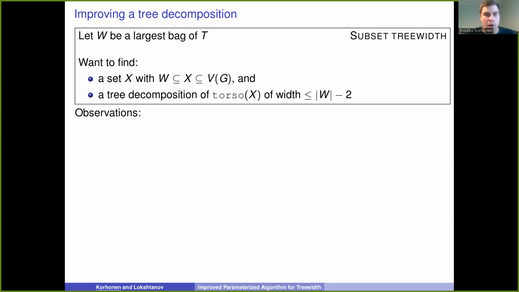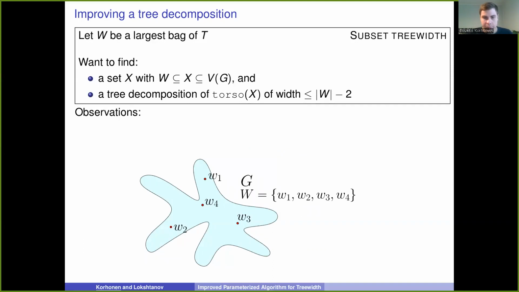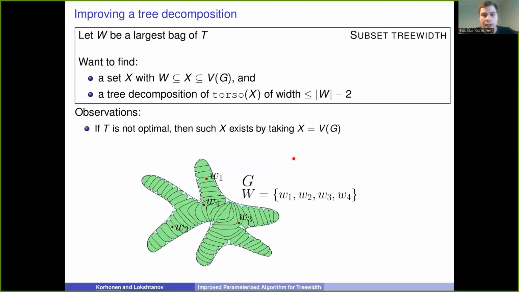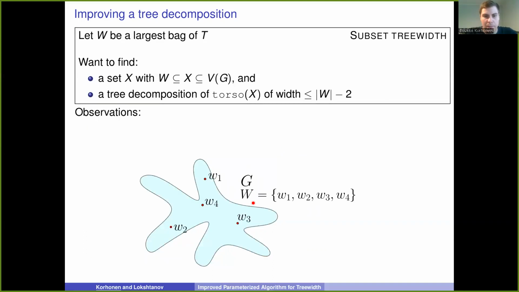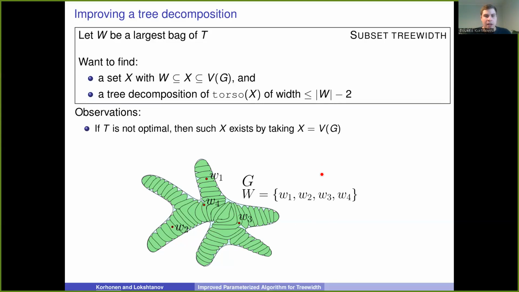Okay, so this is the subset treewidth problem. Let's start with some observations. Let's say our W, the bag we want to improve, looks maybe like this in the graph. There are 4 vertices.